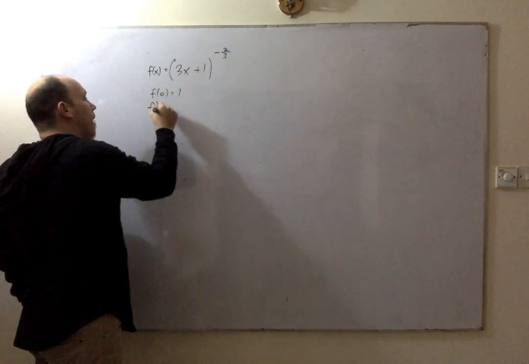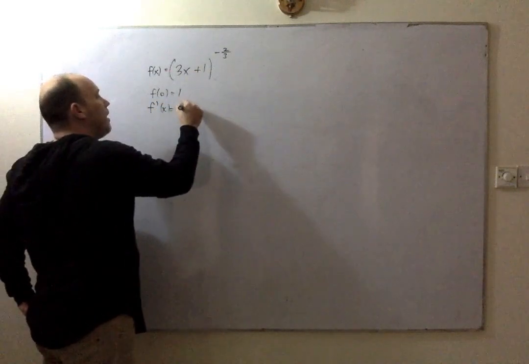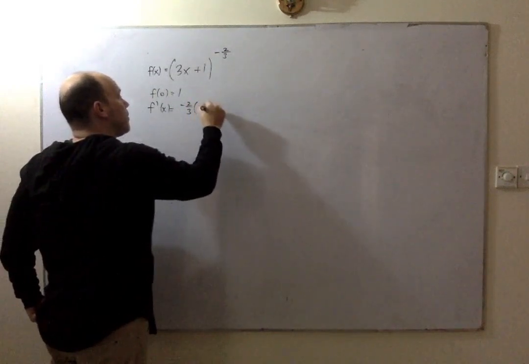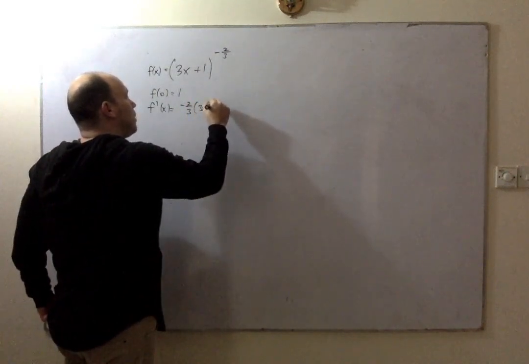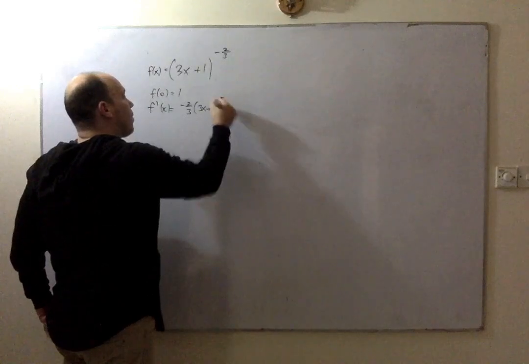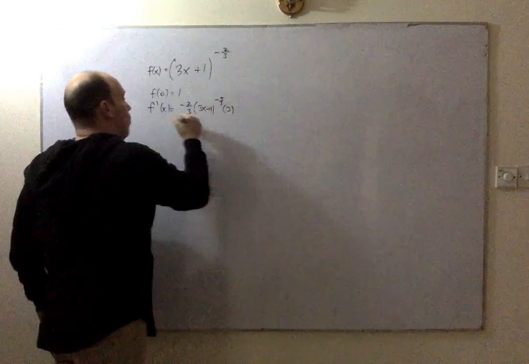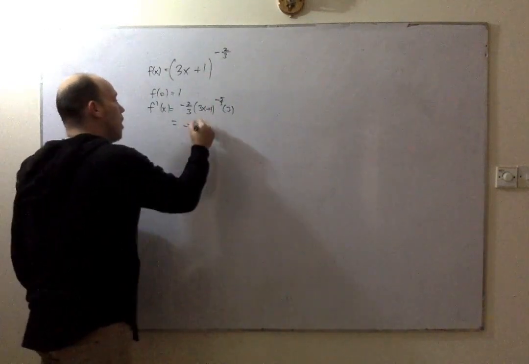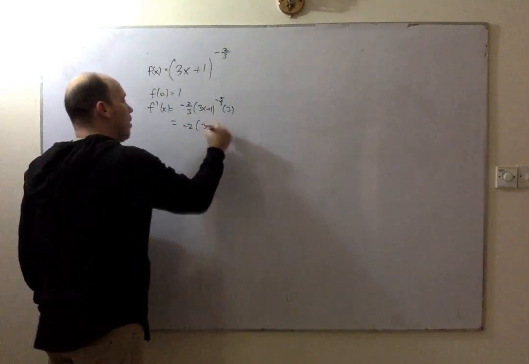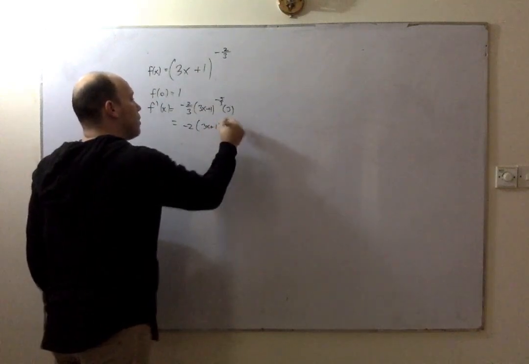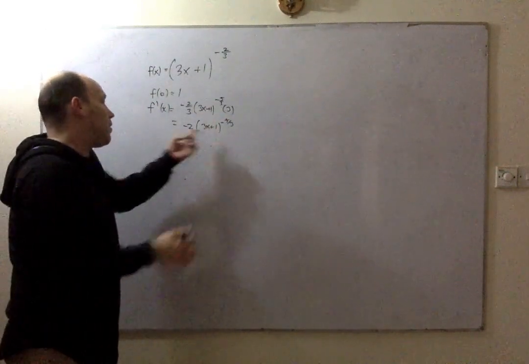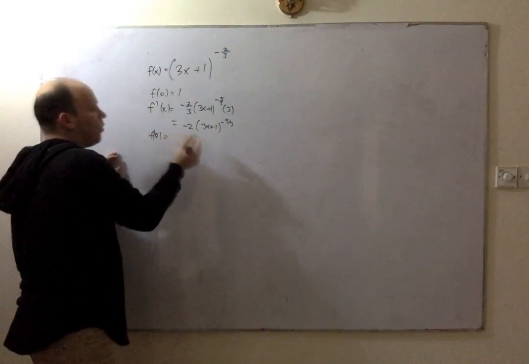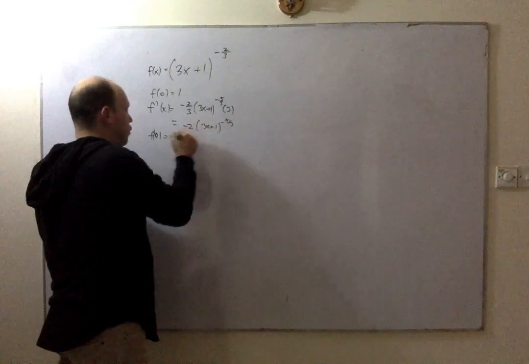So f prime of x is equal to negative 2/3 times 3x plus 1 to the negative 5/3 times 3, which is simply negative 2 times 3x plus 1 to the negative 5/3. Well, if x is 0, then f prime of 0 is equal to, this is 1, this is just negative 2.